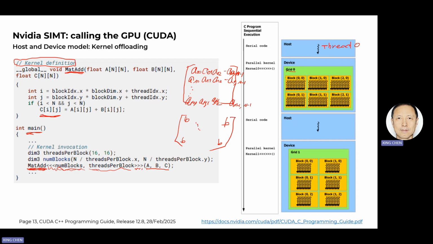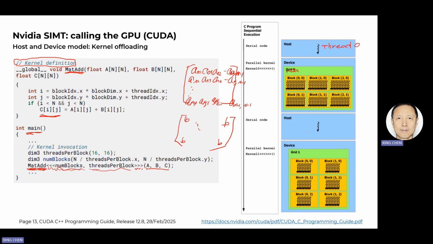You have a two-dimensional grid that matches the fact that you have a two-dimensional array to be added. So you organize your threads into blocks and blocks into a two-dimensional grid.